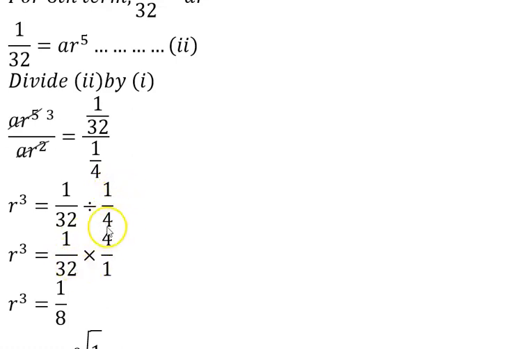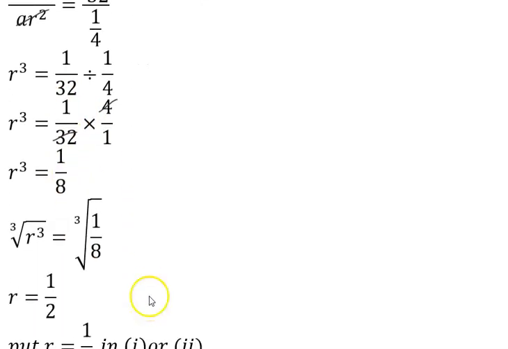By implication, this will go up and this will go down, because we have changed the divide to multiplication. Beautiful. So we are left with r raised to power 3 equals 1 over 32 times 4 over 1. 4 in 4 gives us 1, and 4 in 32 gives us 8. So we are left with 1 over 8. That's our r raised to power 3.